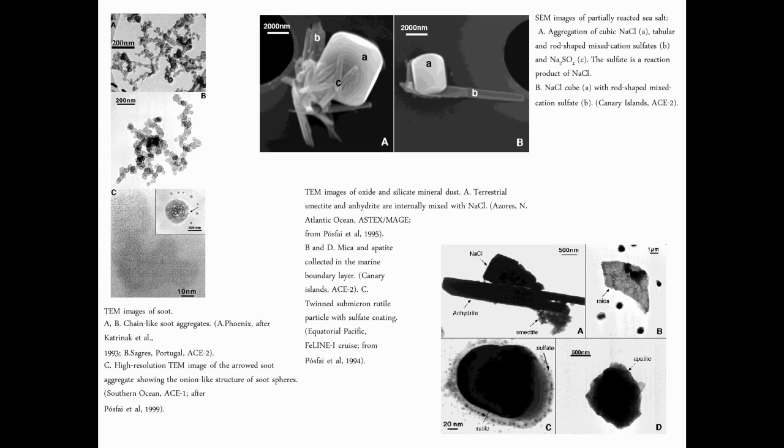So here, these are a bunch of offline analyses that just show how you get the different components. Down here you've got sodium chloride, so you've essentially got sea salt on top of dust. Up there you've got different soots that are lumped with different non-fractal components. And up the top you've got sulfates with sodium chloride.